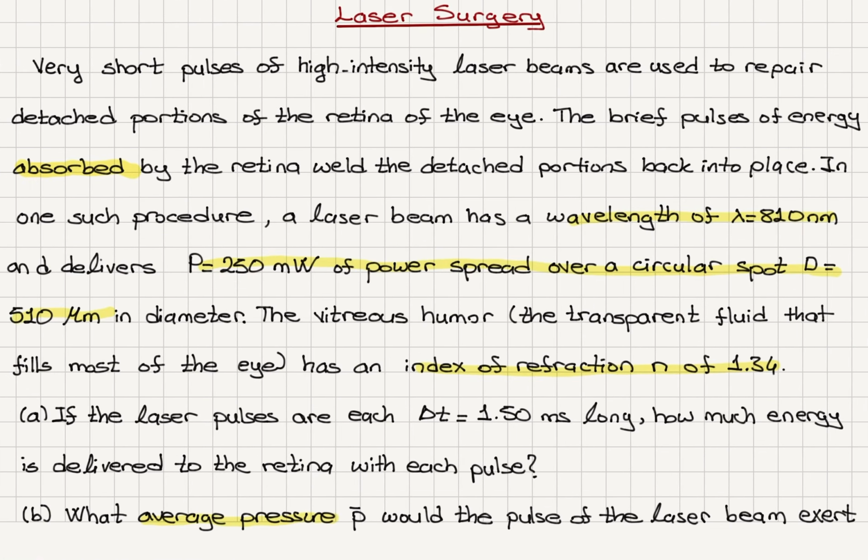So let's check that the diameter was 510 micrometers indeed. Okay, so this gives us an average pressure of 4.08 times 10 to the minus 3 pascals.